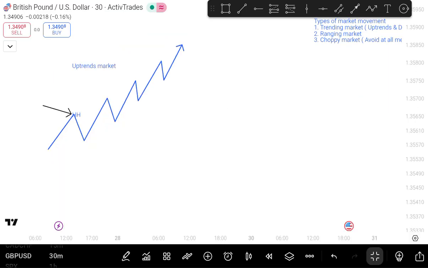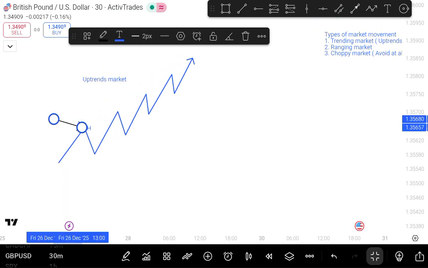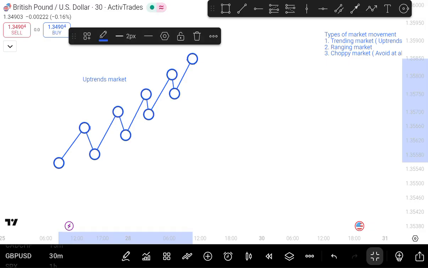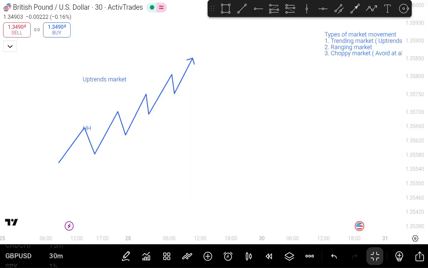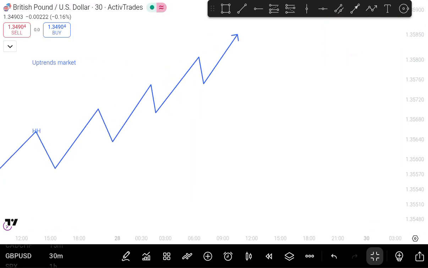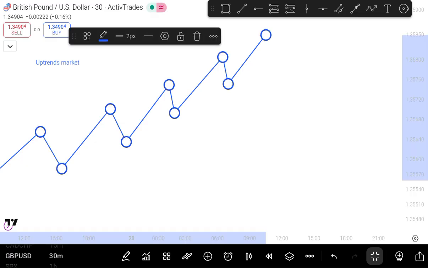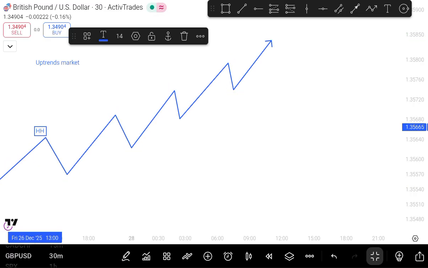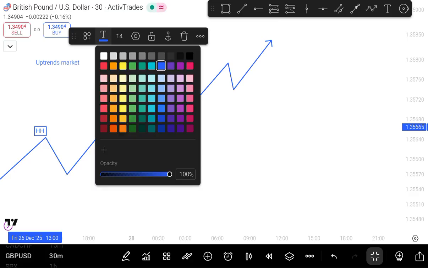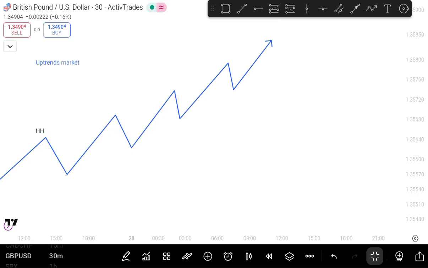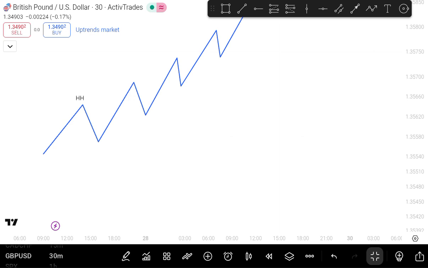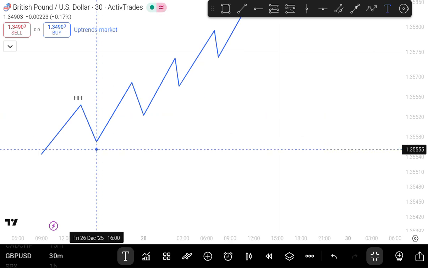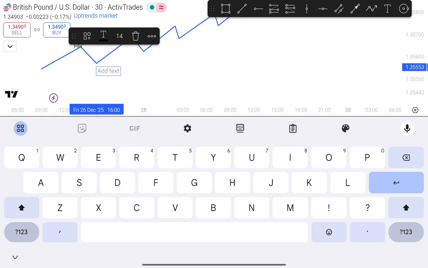You can see this is the higher high and this is the higher lows.